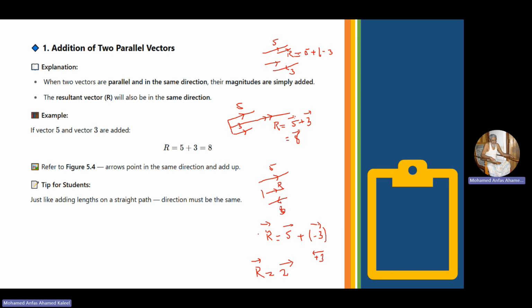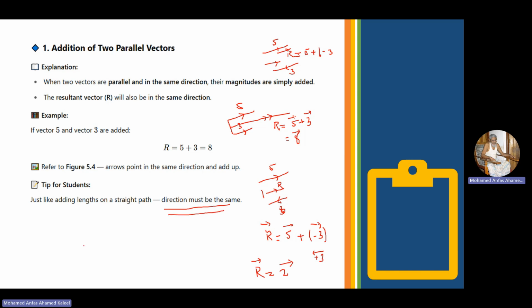The arrow points show the direction and add up. Okay, a tip for the students: just like adding lengths on a straight path, the direction must be the same. If the directions are opposite, you have to use the sign convention.